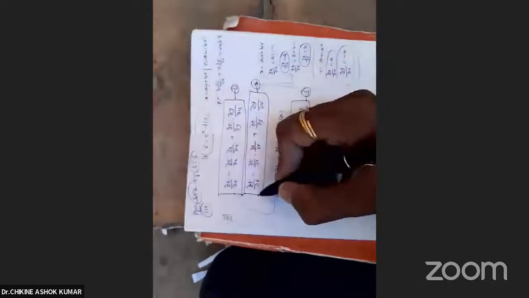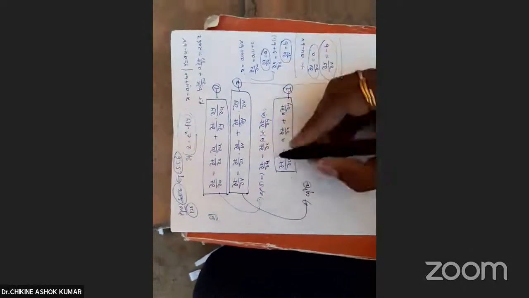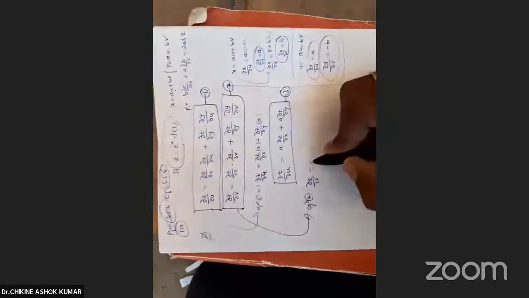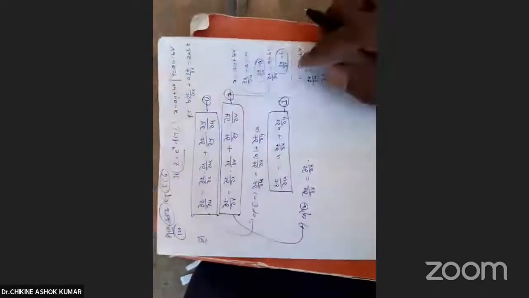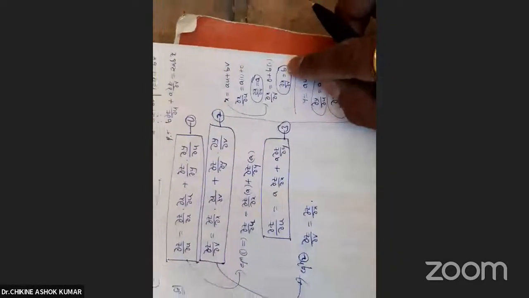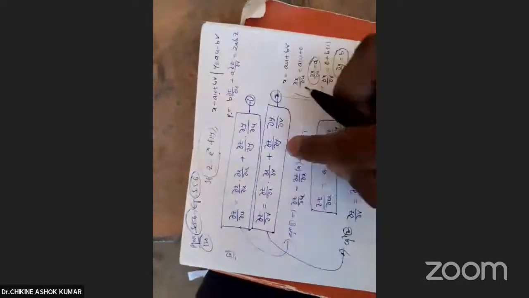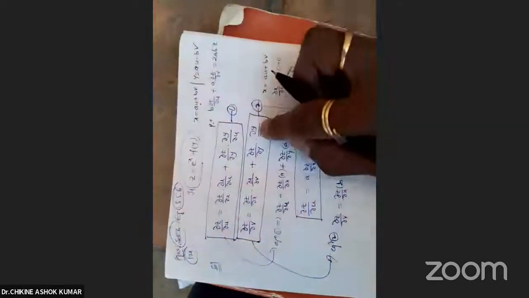Next, similarly from equation 2. What does equation 2 say? Dou z by dou v equals dou z by dou x, I'm writing it as it is, into dou x by dou v. Dou x by dou v I got is plus b. So into b, plus dou z by dou y into dou y by dou v.